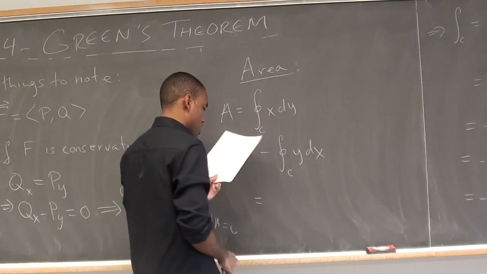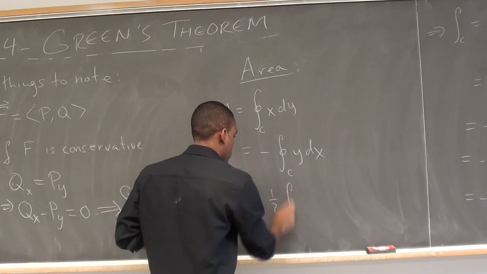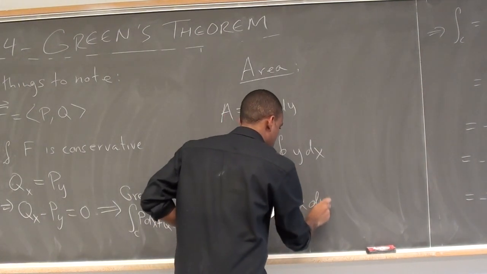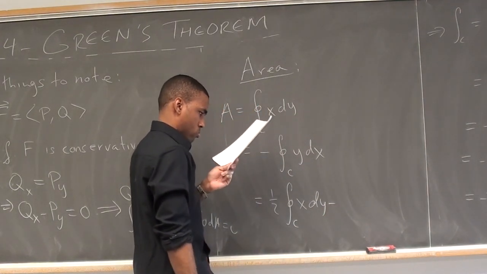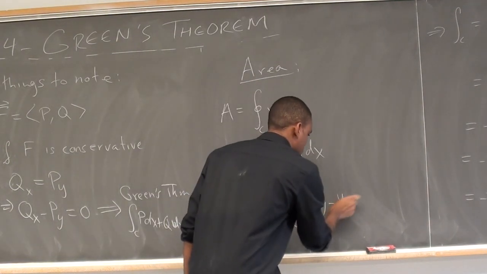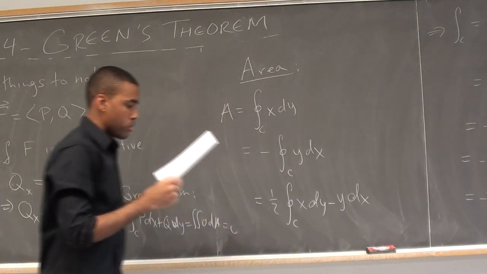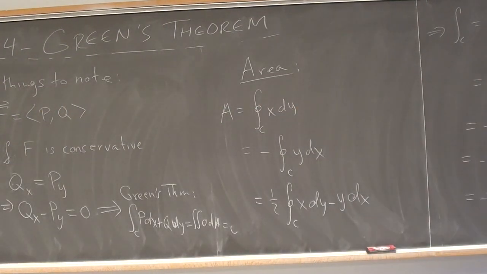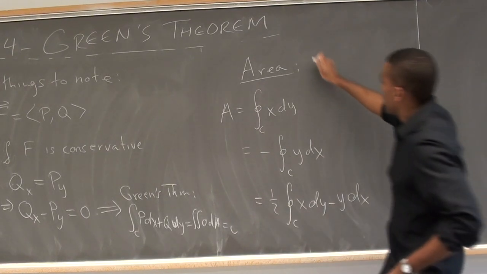You can also compute it by 1/2 the integral of x dy minus y dx. Can anyone see why that is? You can prove these directly from Green's theorem, that it gives you the area of D, of any given D.